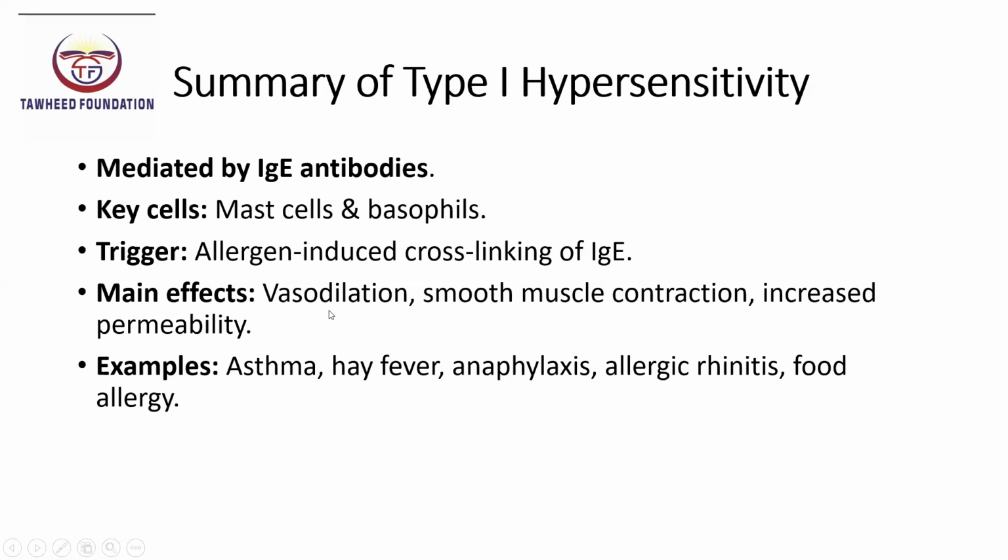This leads to vasodilation, smooth muscle contraction, increased vascular permeability, and the typical symptoms of allergy. Common examples include asthma, hay fever, food allergy, allergic rhinitis, and anaphylaxis. Understanding this mechanism is essential for diagnosis and treatment of allergic diseases.